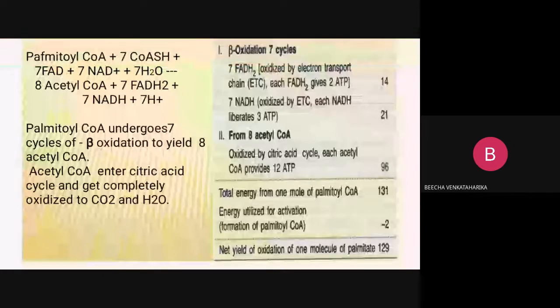So which produces more energy? The fat molecule produces more energy than glucose. But what is the importance of glucose? Glucose gives an immediate energy source. This fatty acid oxidation is not an immediate energy source, but it gives more energy to the body. Understood?